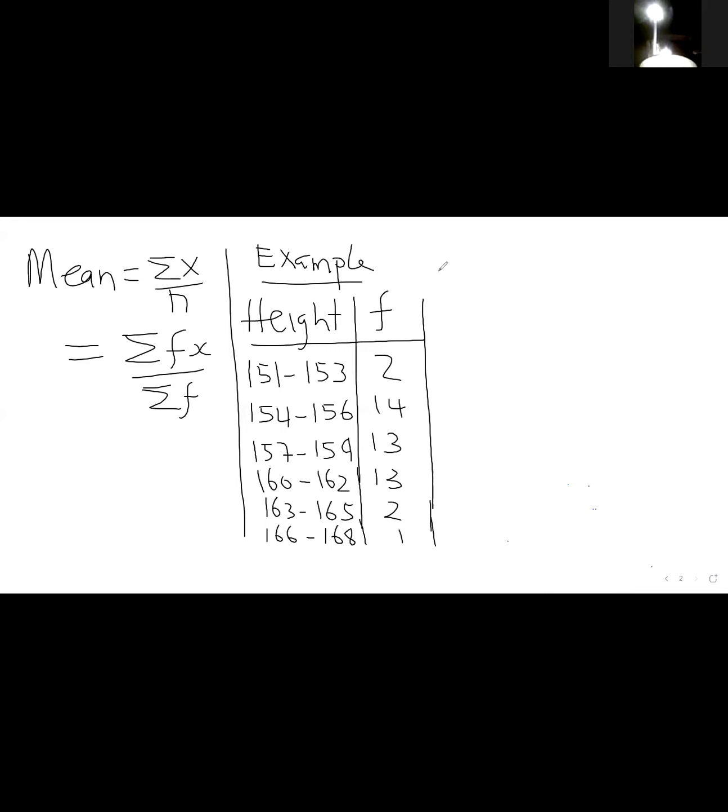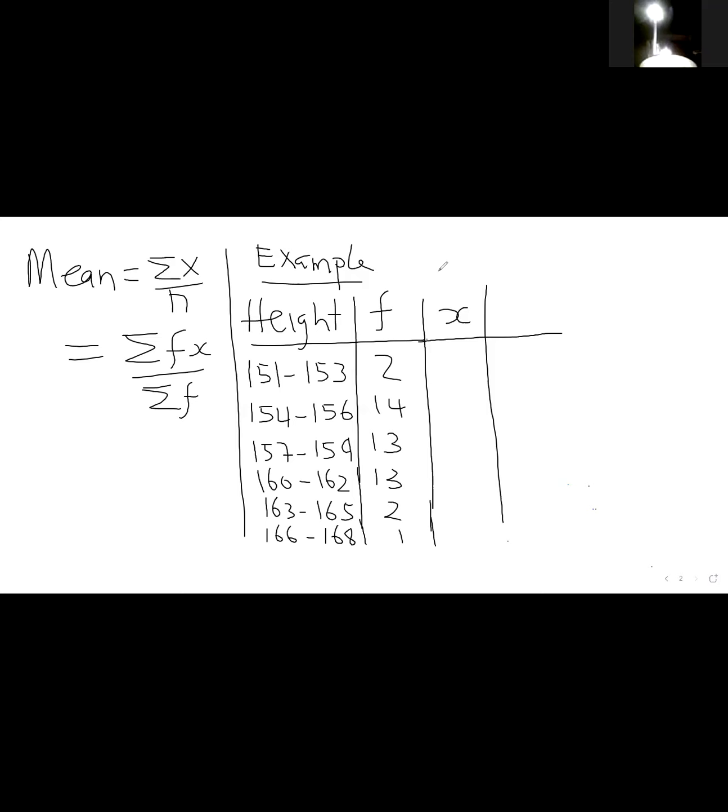So if I have such a number, what do we do? Cynthia, what did we say? You said you introduce X. So how do you get X? What's the X value? 151 plus 153 divided by 2.